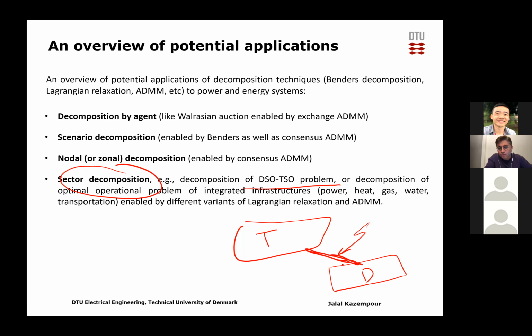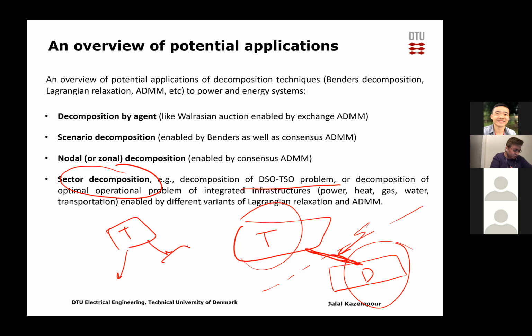It's exactly like nodal decomposition. So you can relax the constraint here, and then you can have two subproblems, one for the transmission system operator and one for the DSO. Or if you have one TSO connected to, I don't know, 2 or 3 DSOs, you can decompose your problem, then you will have one TSO subproblem and 2 DSO subproblems. So you can go for a DSO-TSO coordination problem using decomposition techniques.